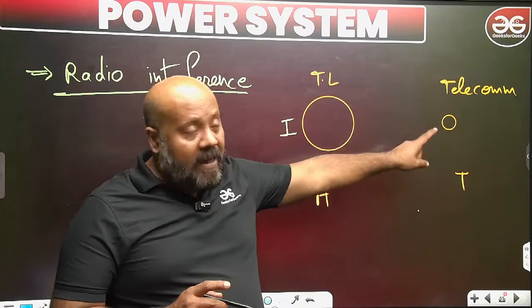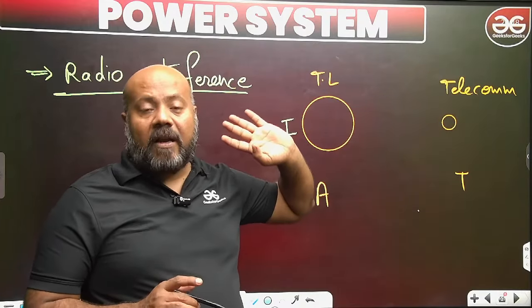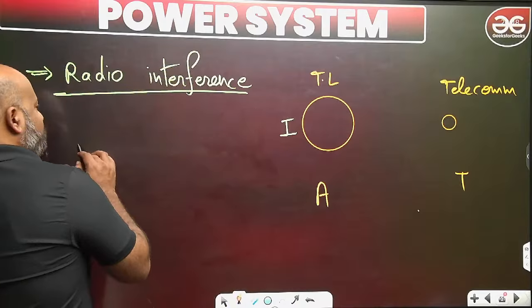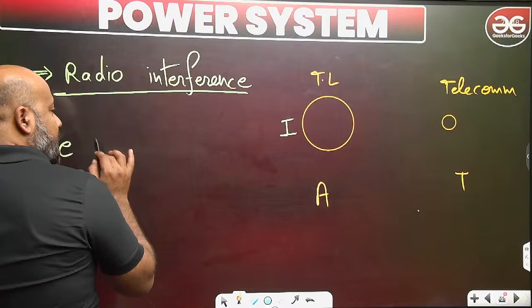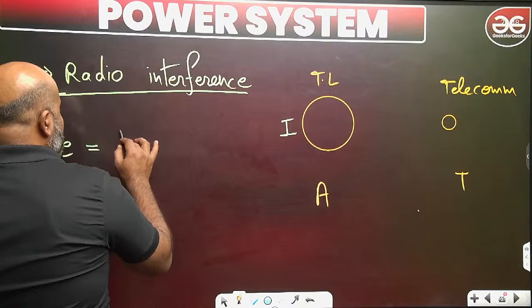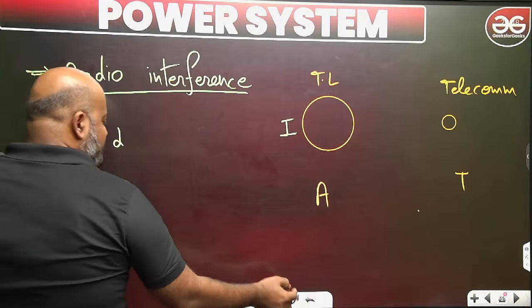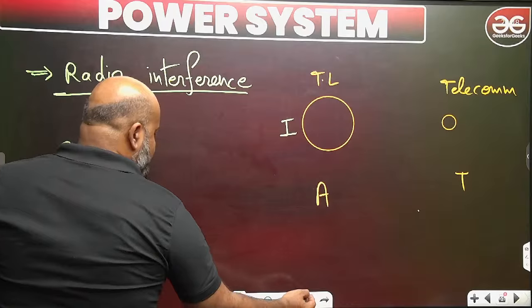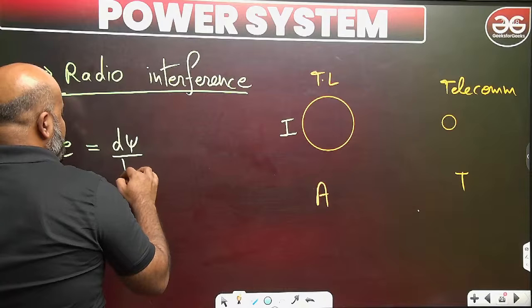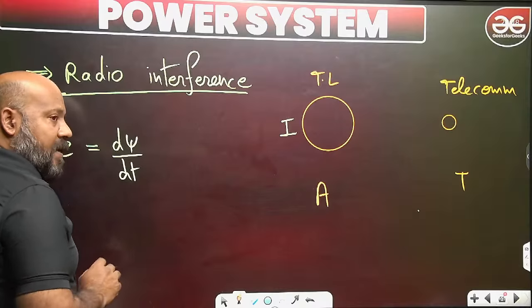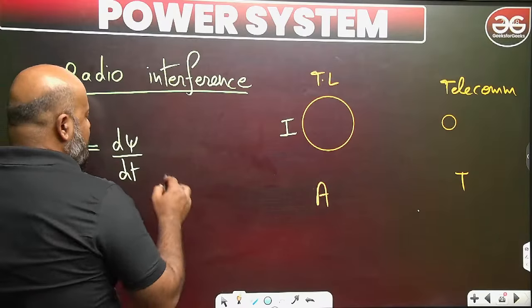That flux will link with the telecommunication line or channel. So I want to know the induced EMF. The induced EMF is going to be d xi by dt, where xi is the magnetic flux linkage and d by dt is the rate of change.